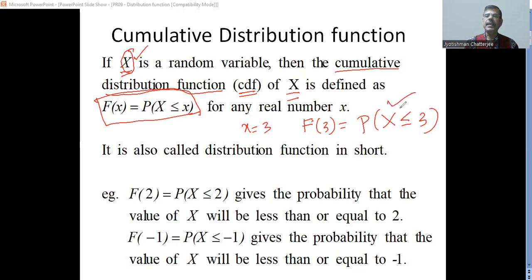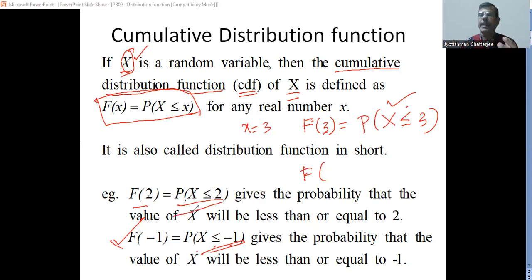This gives a unique value and that unique value is assigned to the number 3. That's how F(3) is defined. Similarly, F of minus 1 is defined as probability of X less than or equal to minus 1, or F(2) is the same as probability of X less than or equal to 2.